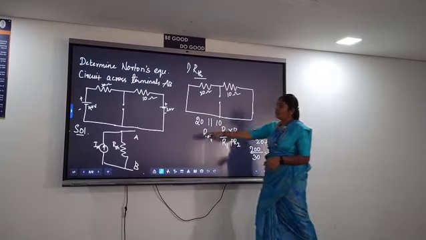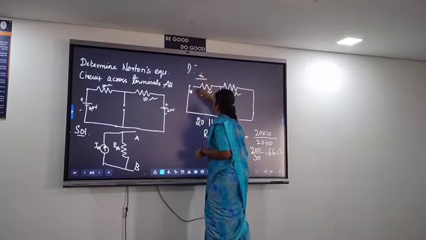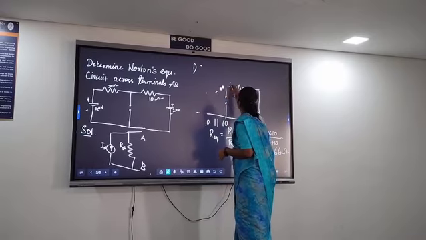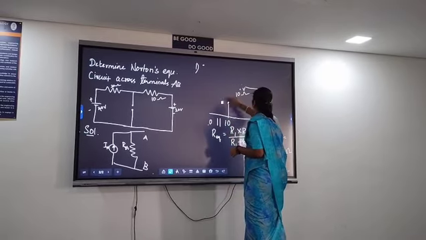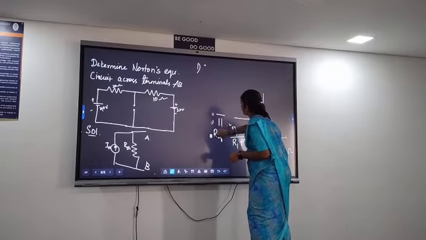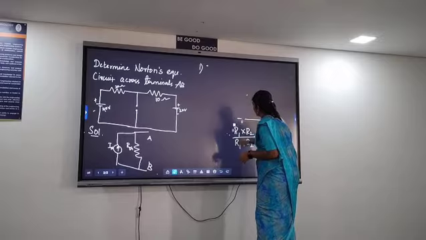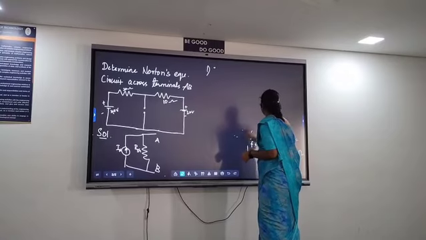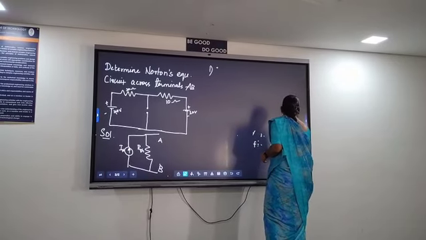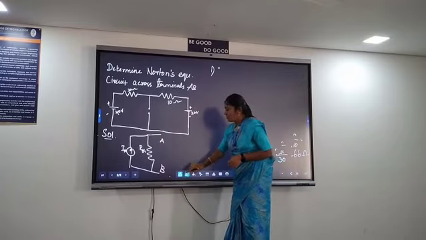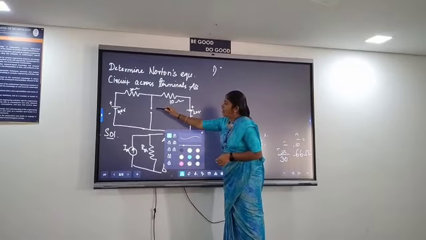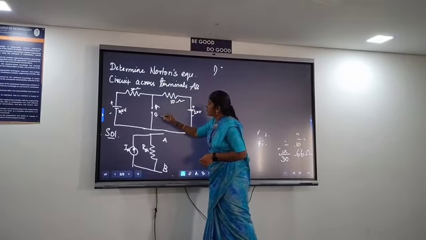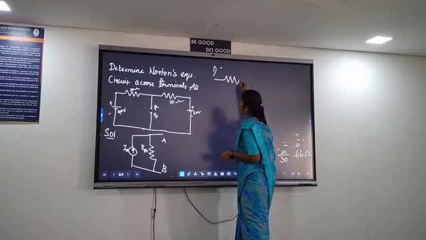Next we have to find the value of IN. To find IN, we have to find the current passing through the terminals A and B. So redraw the circuit like this.